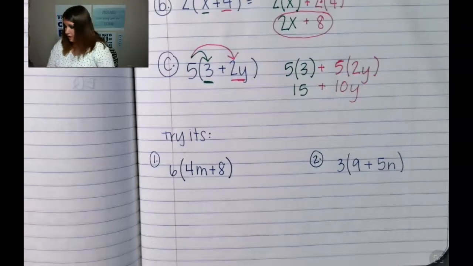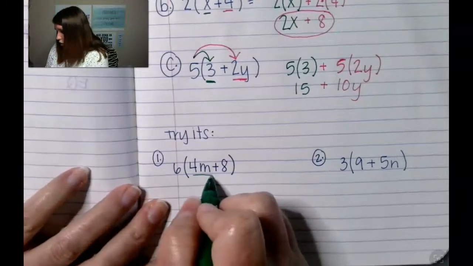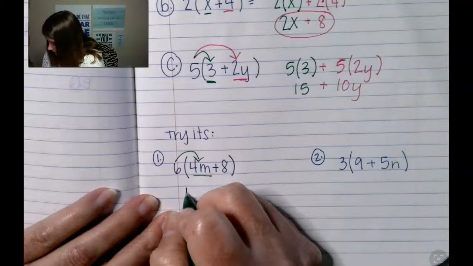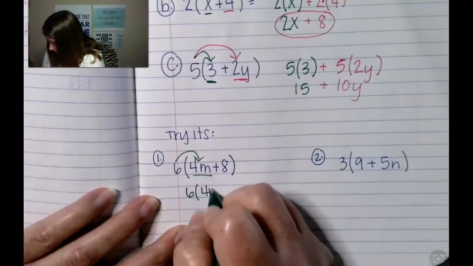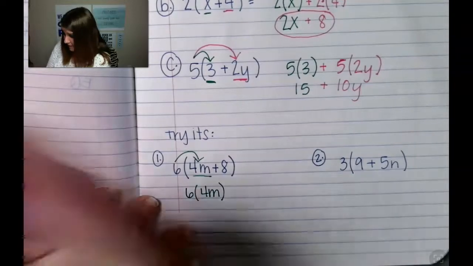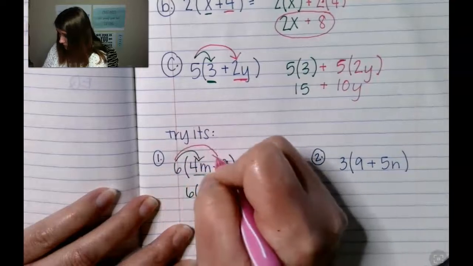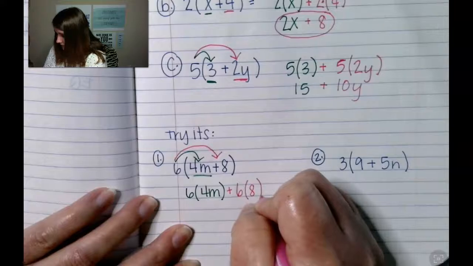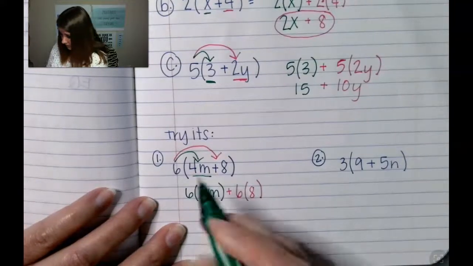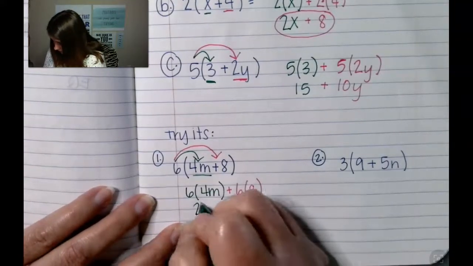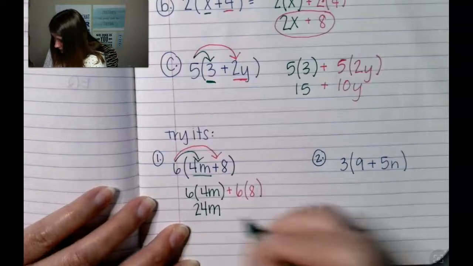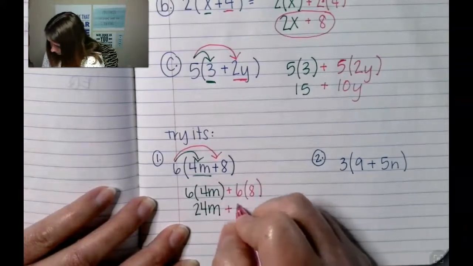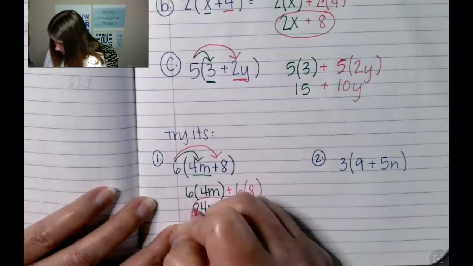Okay. All right, hippity-hoppity, distributive property. Hippity, I have 6 times 4m. And a hoppity, I have 6 times 8. 6 times 4 gives me 24 m's plus 48.